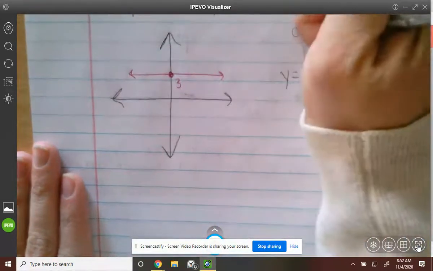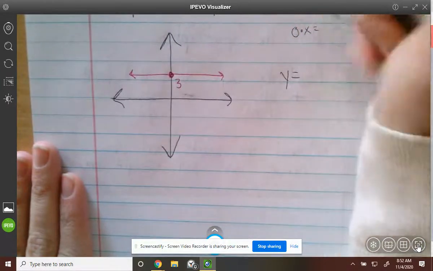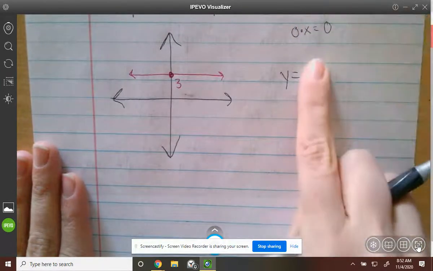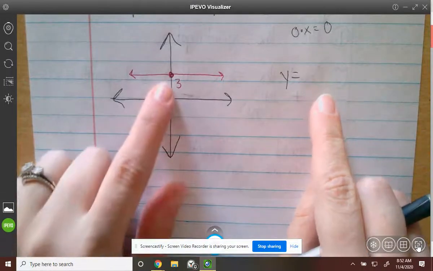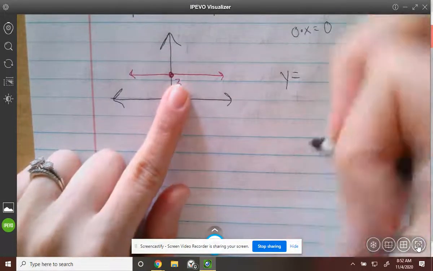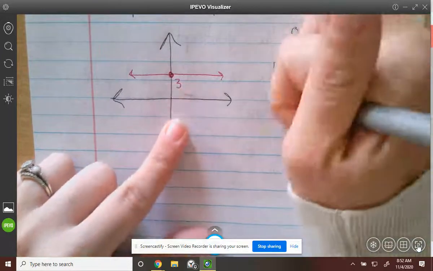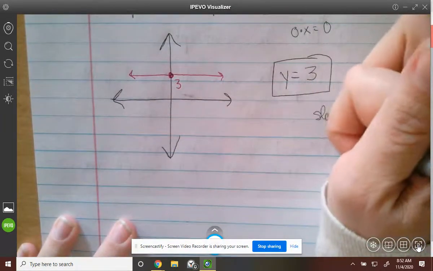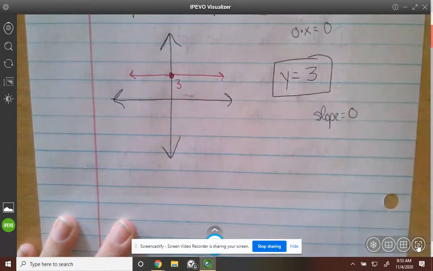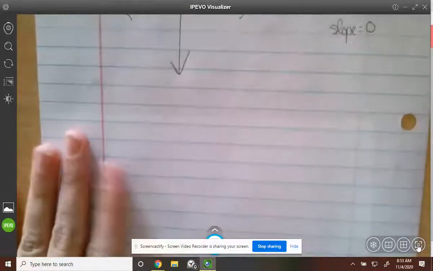So we know that 0 times x is just 0. So really, x does not even show up in our equation. But what does show up is our y-intercept. Where's it crossing the y? At 3. So my equation for this one is just y equals 3. That's the situation you get whenever your slope is 0.